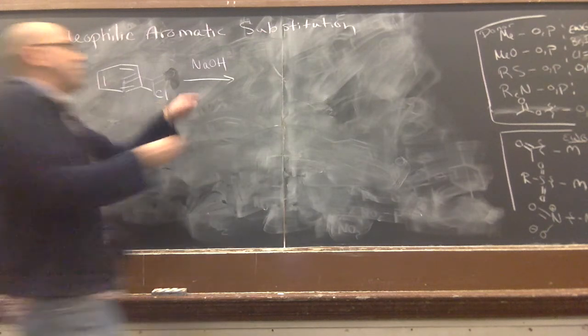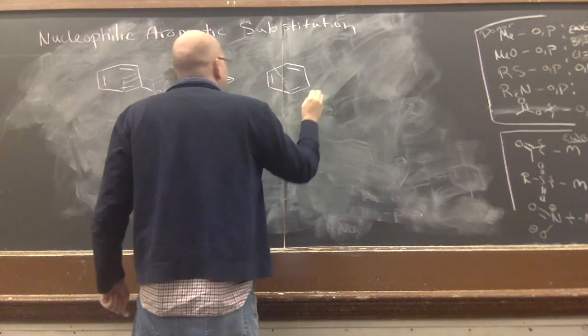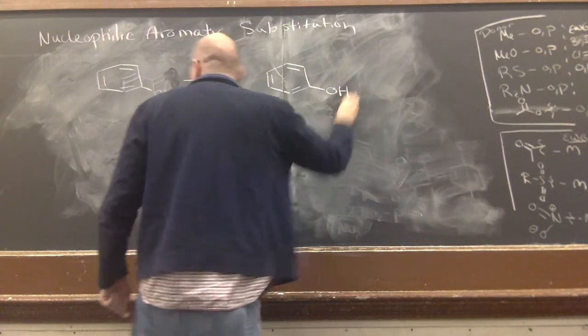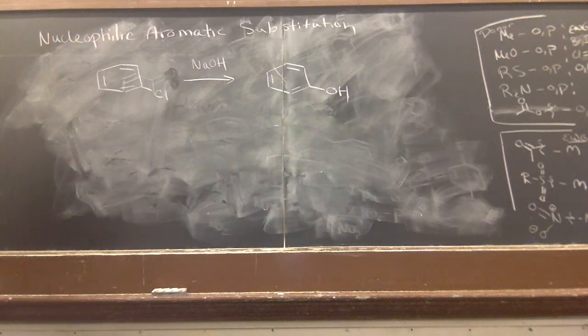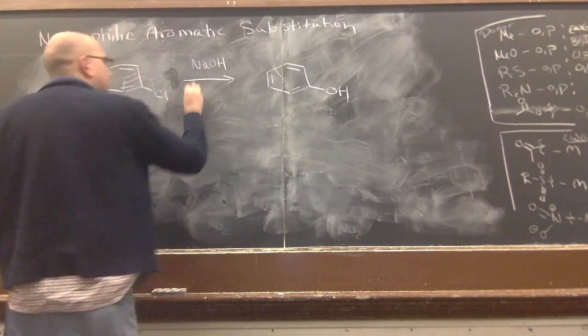But if I were to take these two and react them together, nothing would happen. What you need is a ridiculous amount of heat and pressure. So under extreme conditions of extreme heat and extreme pressure, you can get this to go. I'll just say high heat and pressure.